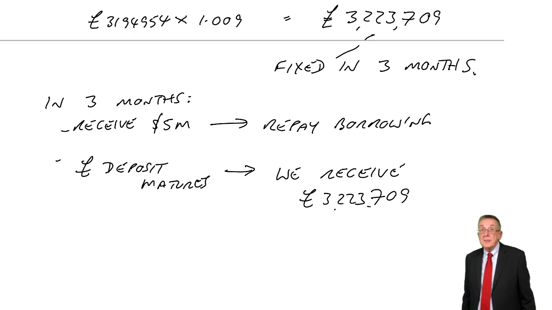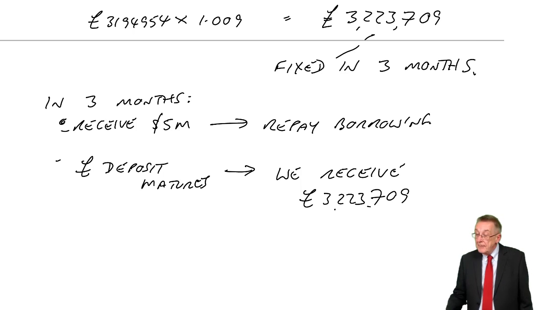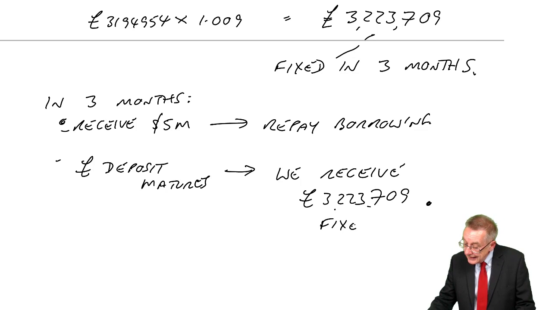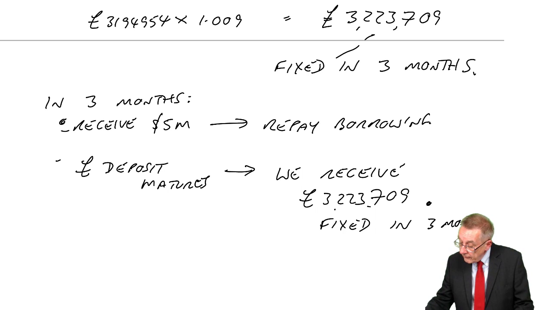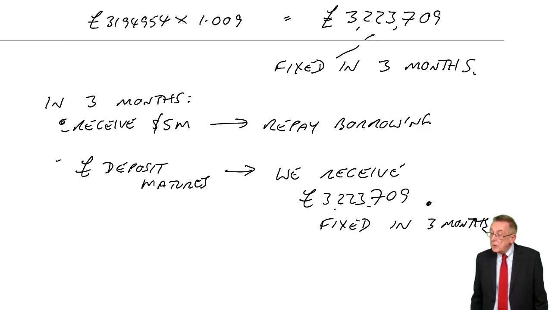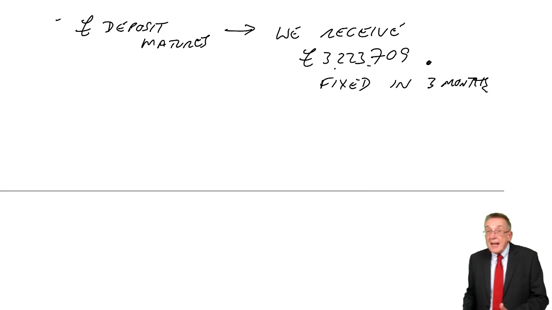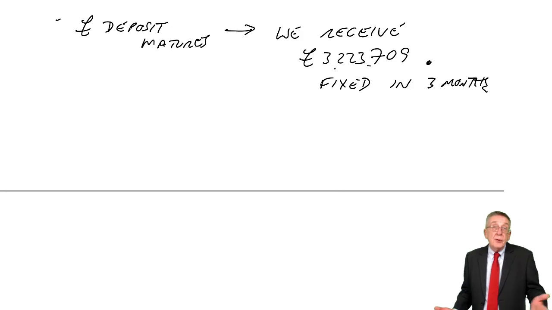In cash flow terms, 3 months' time, the customer pays 5 million. We receive a fixed 3 point whatever million. And before I look at example 7, and this is quite important, this is effectively the same as forward rates.